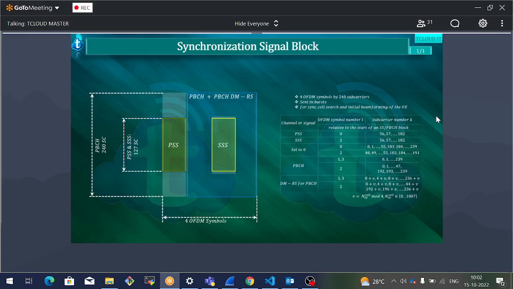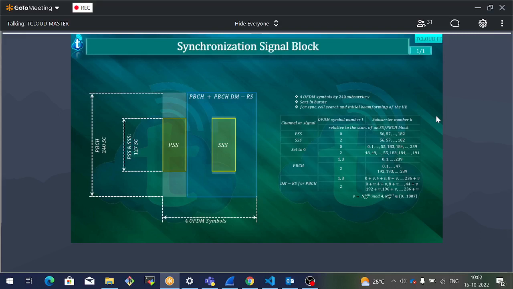It uses what we call a Zadoff-Chu modulation mechanism. It is generated by using a Zadoff-Chu sequence. What is it? I'll show you. But these are not normal modulation symbols.